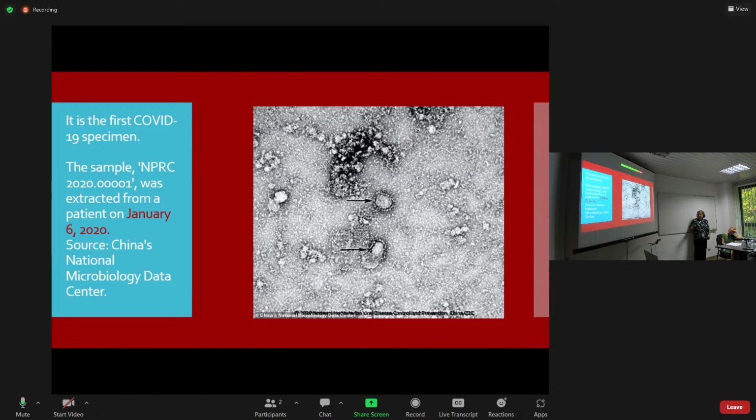After this image, of course, all the molecular techniques Professor Flores already presented started to be used to generate a specific test, sequencing the genomic material, giving us the PCR test, and so on.